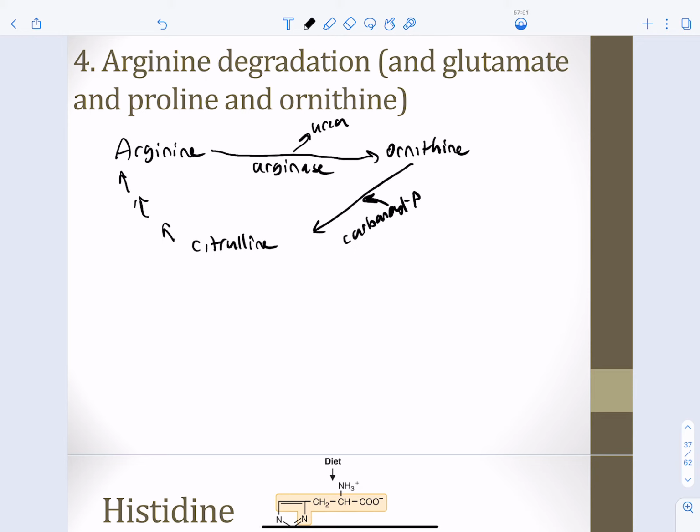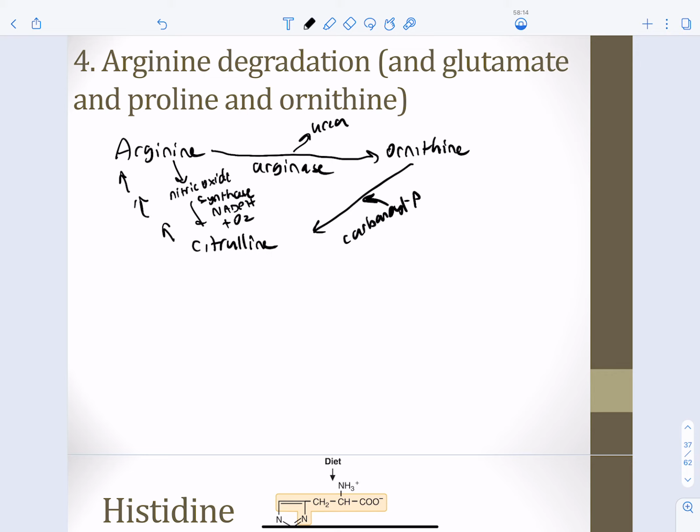Arginine also has a way to form citrulline through two different steps, and this is through a nitric oxide synthase. And this requires NADPH and oxygen to do this. So that's another way you can degrade arginine.